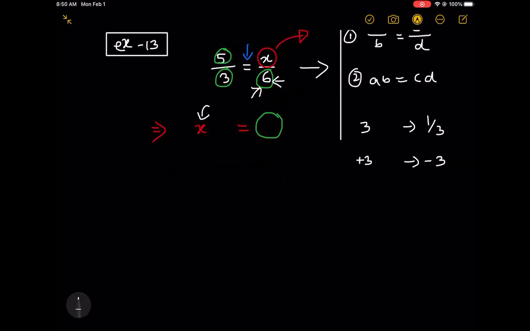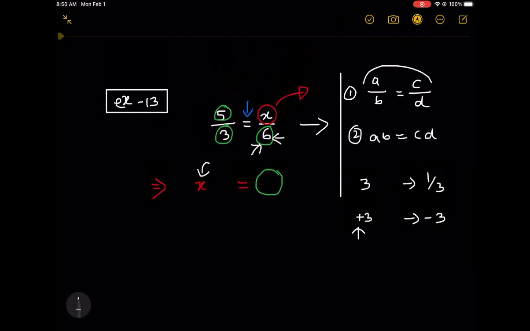So it depends on how you are changing sides. You can change sides by adding the reciprocal of it, which could be the additive reciprocal or the multiplicative reciprocal. Now, for proportions like this, clearly we will use the multiplicative reciprocal, okay?